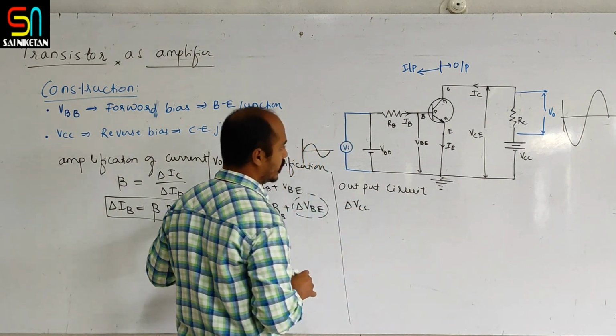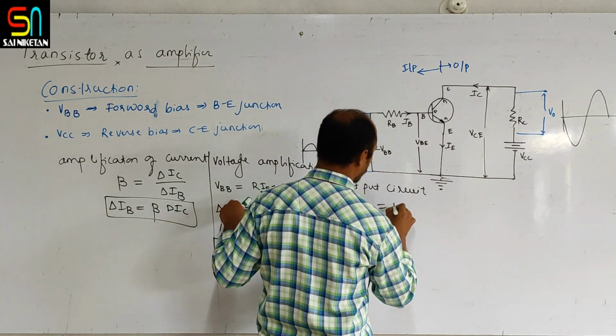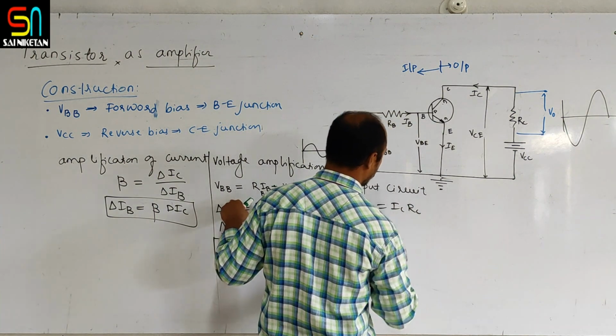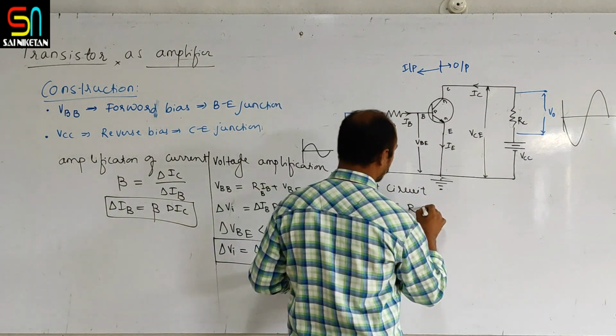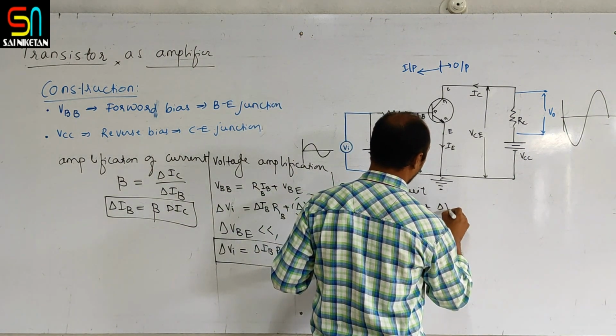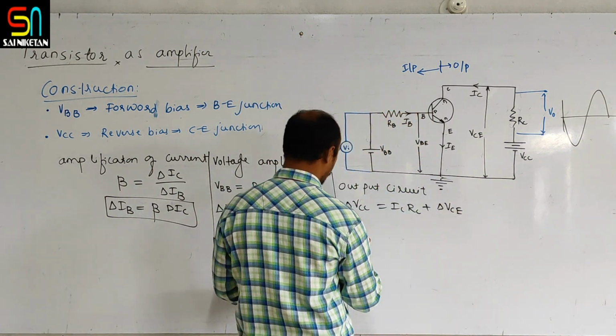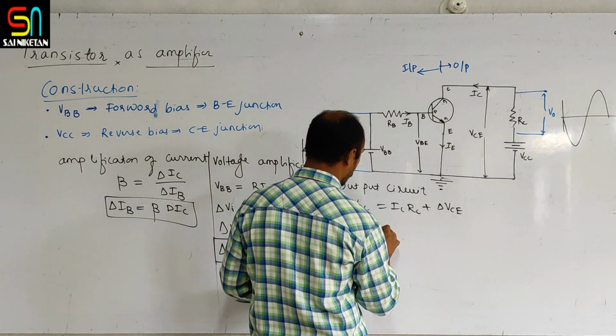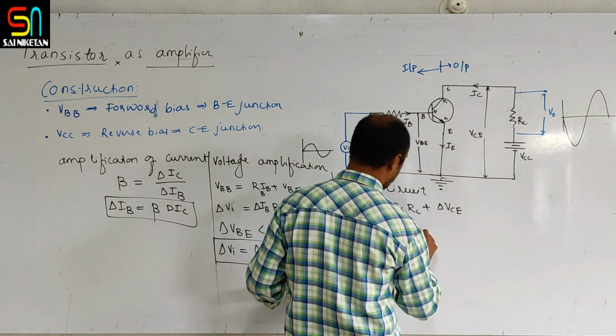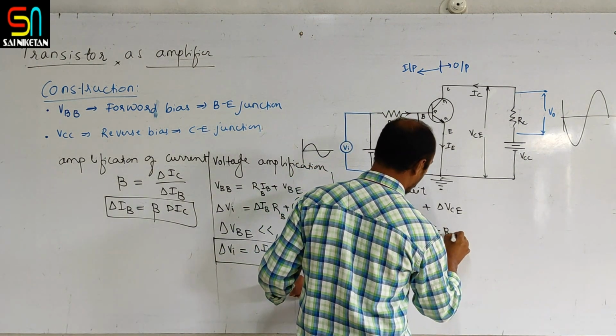Once again, VCC is equal to IC RC plus VCE, and this VCE is nothing but the output. So VCE is equal to VCC minus IC RC.